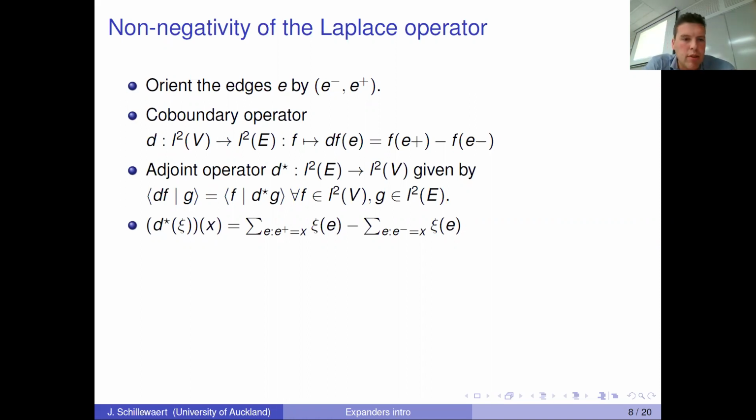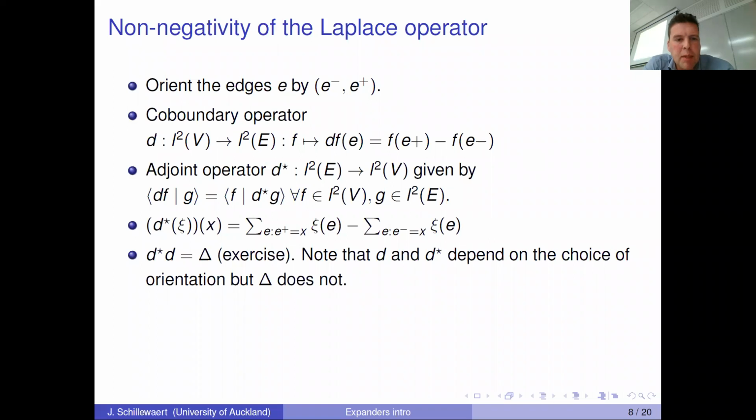And lo and behold, it would not be called a Laplacian if it was not equal to d star d. So exercise, it's just writing out a few lines. It's a little bit tricky, but it's not intrinsically difficult. Then d star d is equal to delta.